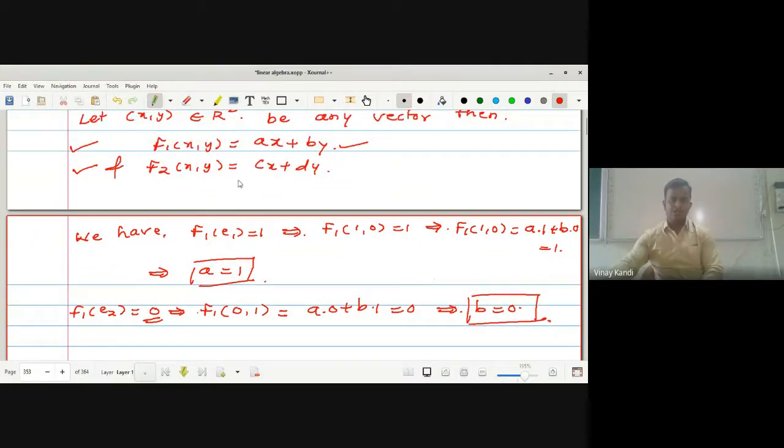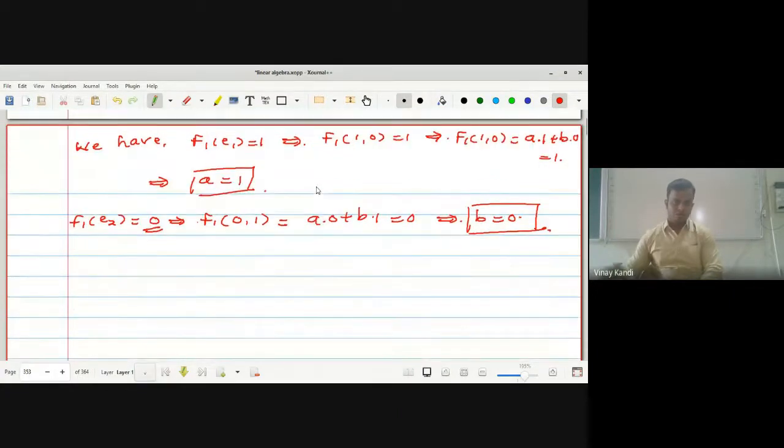Similarly, find c and d. Okay, f2 of E1 is equal to what? 0. So this implies f2 of (1, 0), E1 meaning (1, 0), is equal to 0. So c into 1 plus d into 0 is equal to 0. So this implies c is equal to 0.